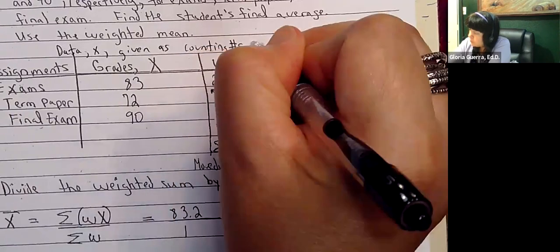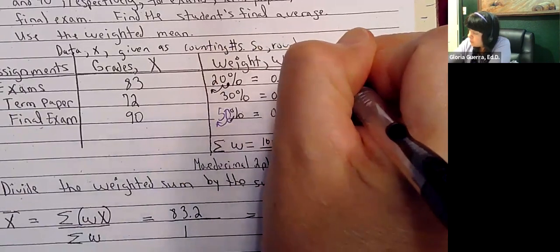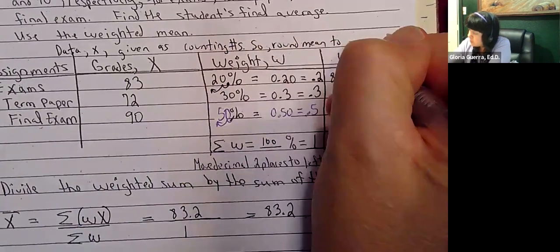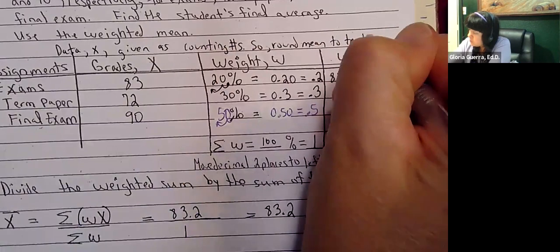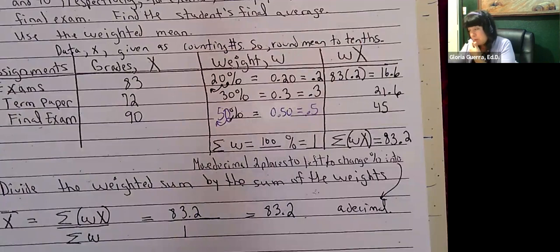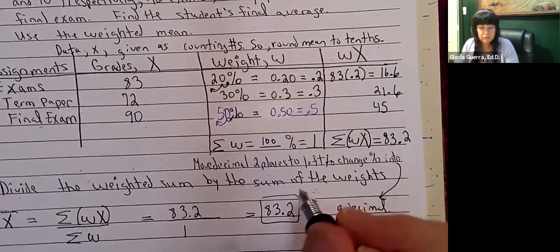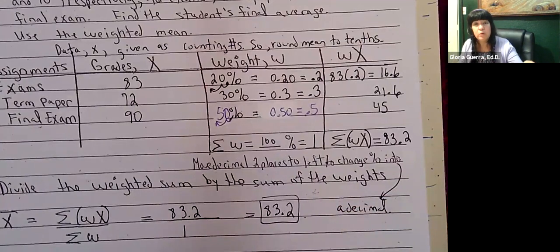So that means you want to round the mean to the tenths place, one decimal place beyond how the data is given. So in this case, this is already in the tenths place. Okay, so we're already good on that.